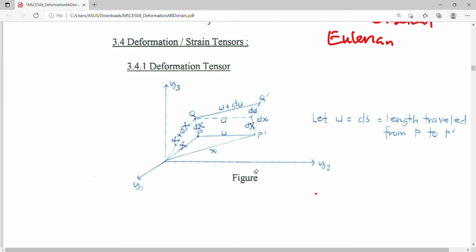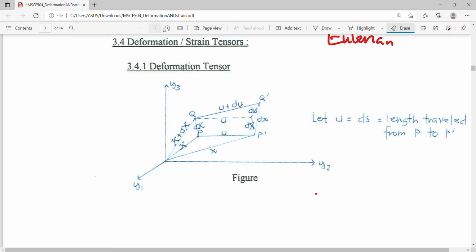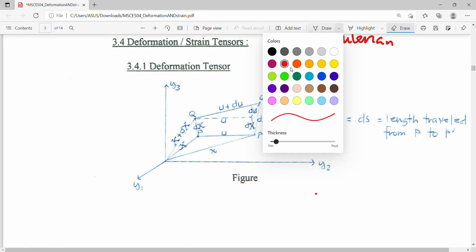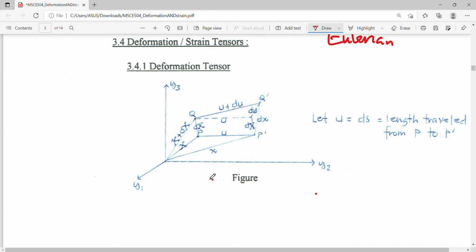And so if you are to consider now a differential u in terms of this, okay?